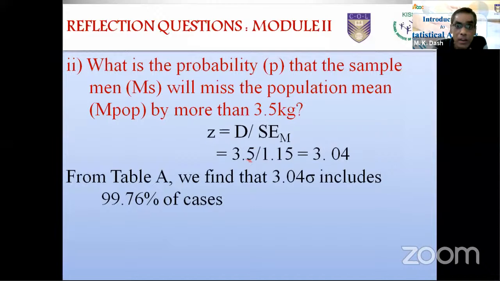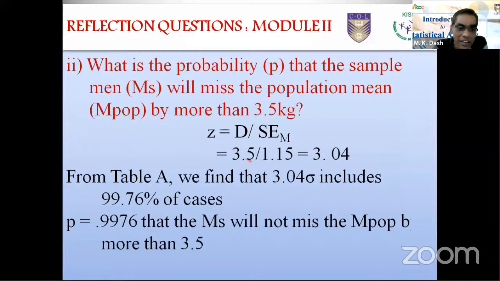What is given? Will miss the population mean. The question is not will not miss the population mean; the question is will miss the population mean. Means it is beyond 99.76%. So the probability is 0.9976 that the sample mean will not miss the population mean by 3.5.